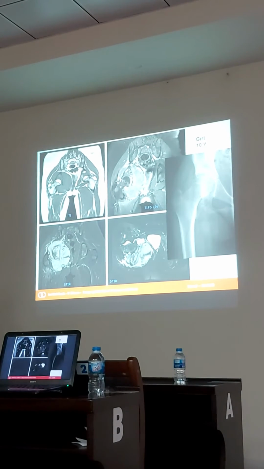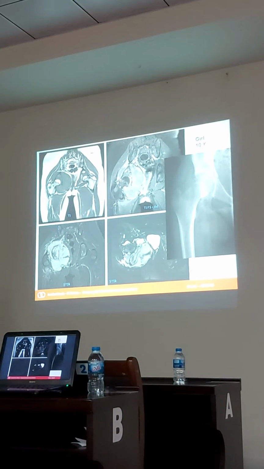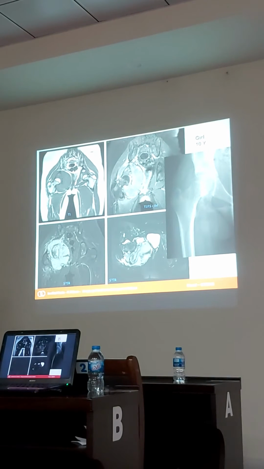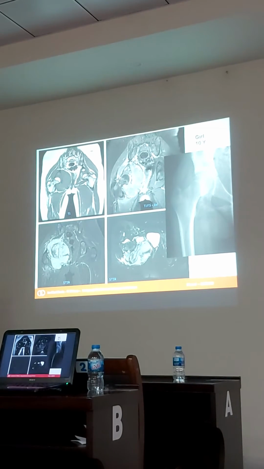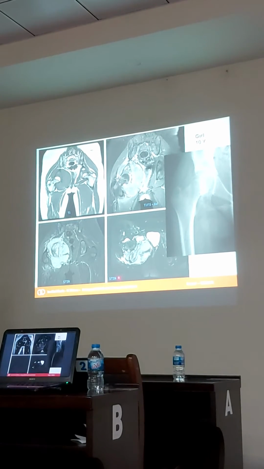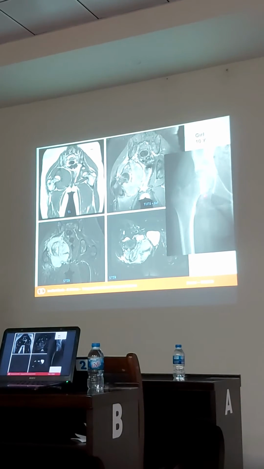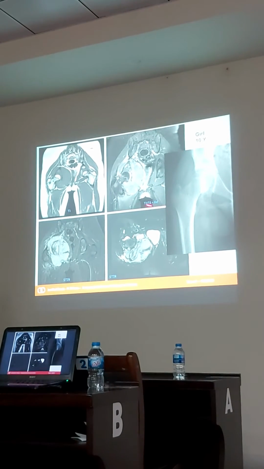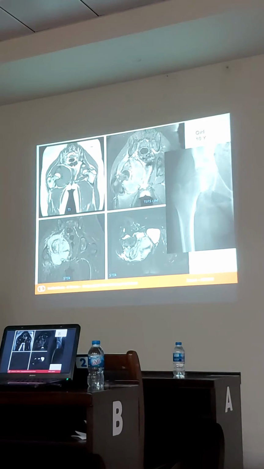Here is another example of sarcoma. This time it's a bone sarcoma, which is located in the ischium here, with a huge soft tissue mass.